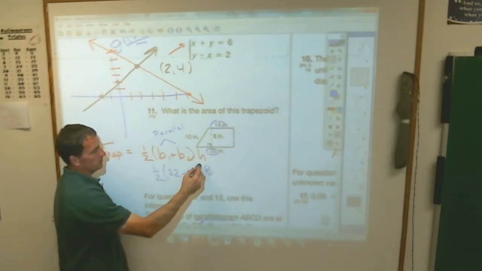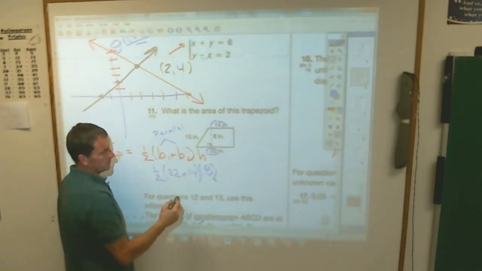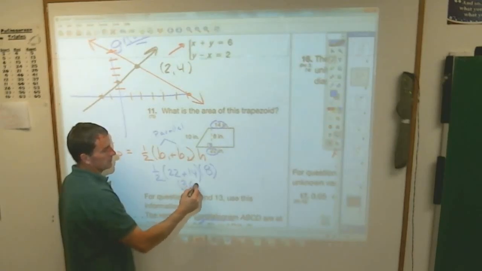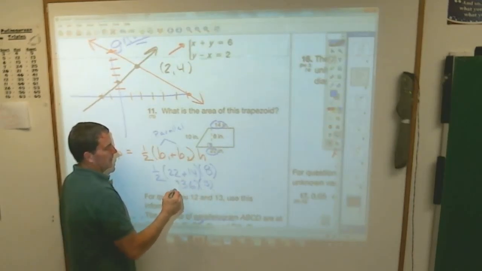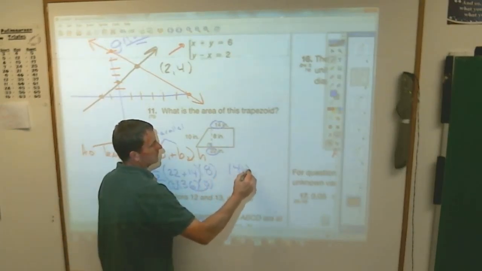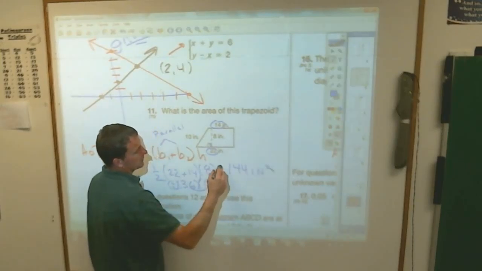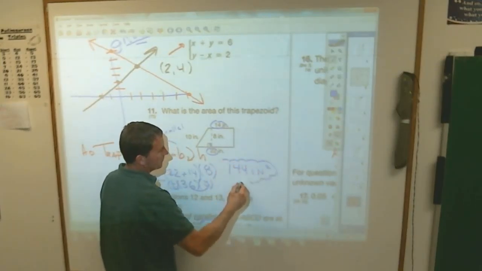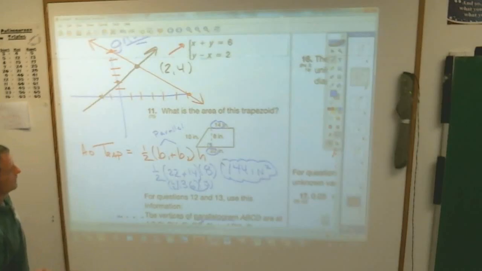So there's all your numbers. 22 plus 14 is 36. You can take half however you want to do this. Half of 8 is 4. 4 times 36 is 144 squared. See, there's a lot of formulas that I can't believe you wouldn't want to write down. Sometimes I don't believe a lot of things.